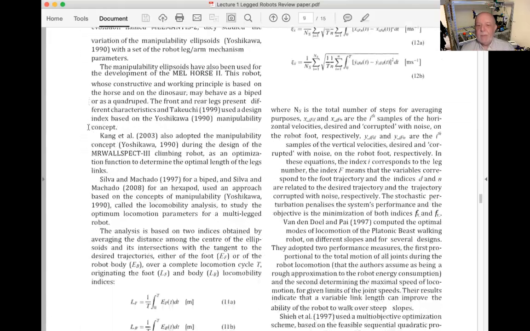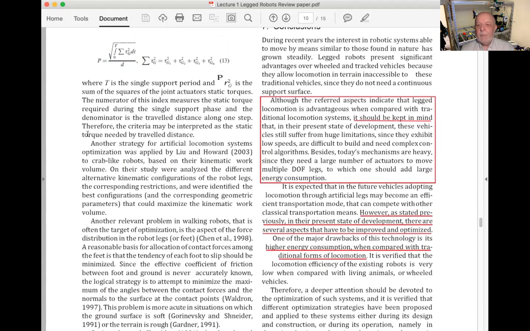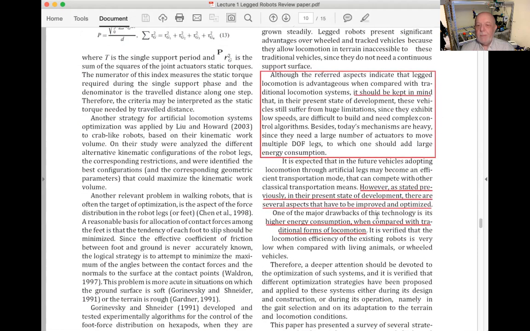If we go down to the bottom of the paper where the conclusions are, as it says down here, the underlined bit: however, as stated previously, in their present state of development, there are several aspects that have to be improved and optimized. And the one that they really pick up here is the high energy consumption when compared to traditional forms of locomotion.